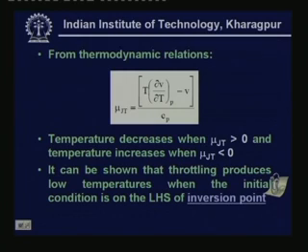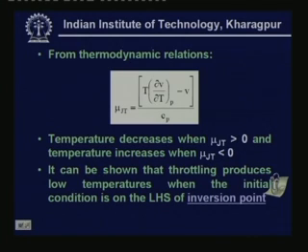From thermodynamic relations, we can show that the Joule-Thomson coefficient mu JT is equal to T into dou V by dou T at constant P, minus V, divided by Cp, where Cp is the specific heat of the gas at constant pressure, V is the specific volume, T is the absolute temperature, and dou V by dou T at constant P is the slope of an isobar in a volume-temperature diagram.